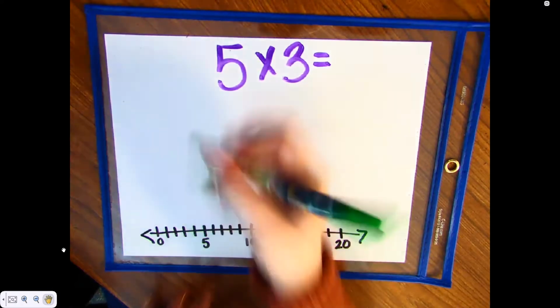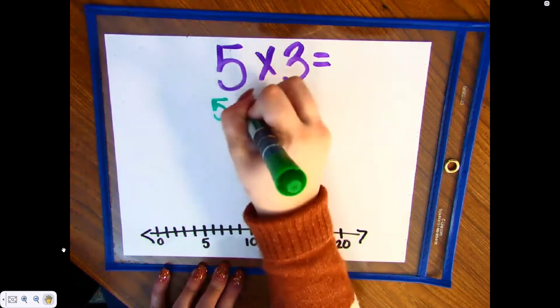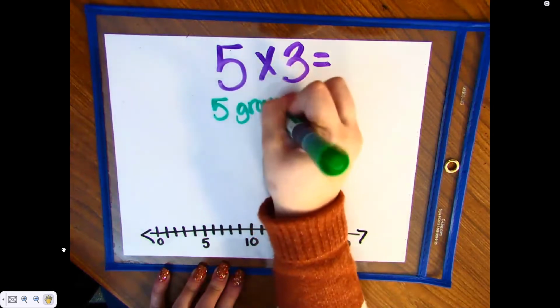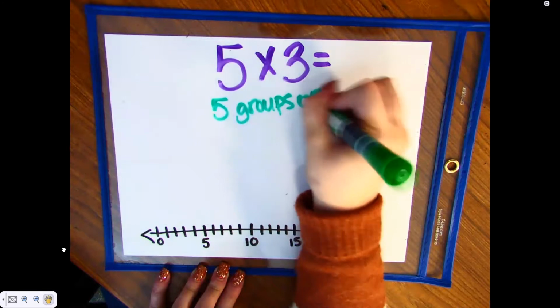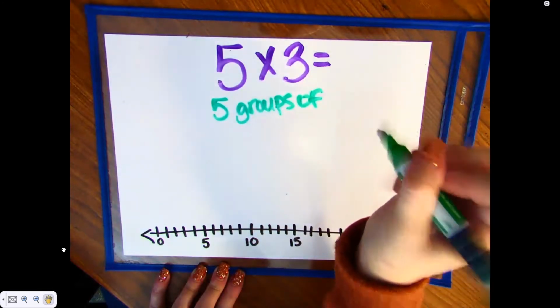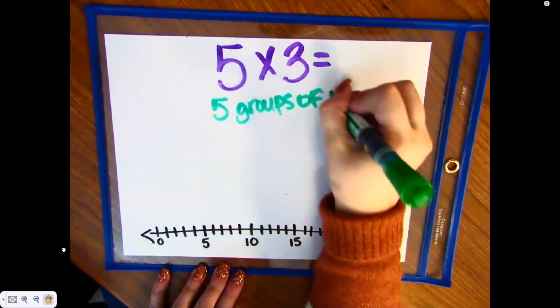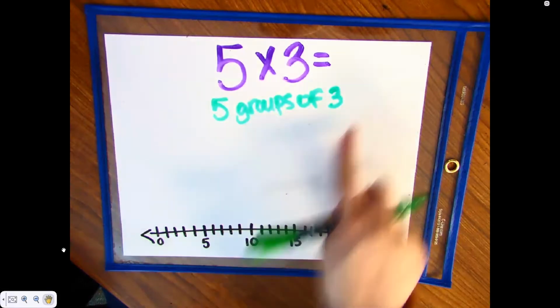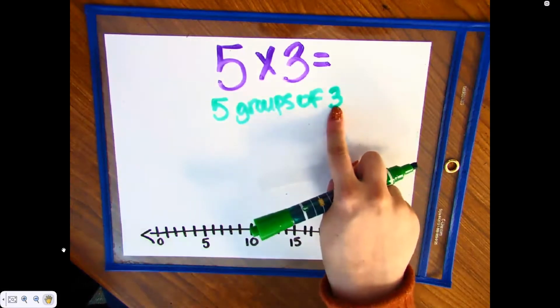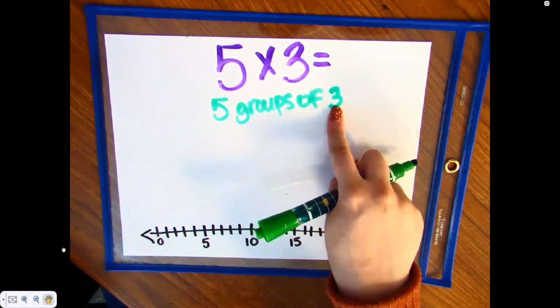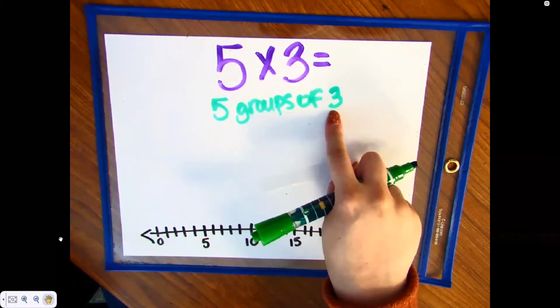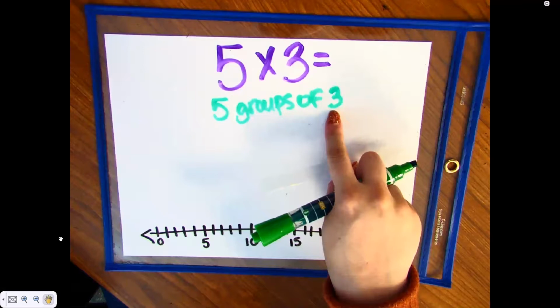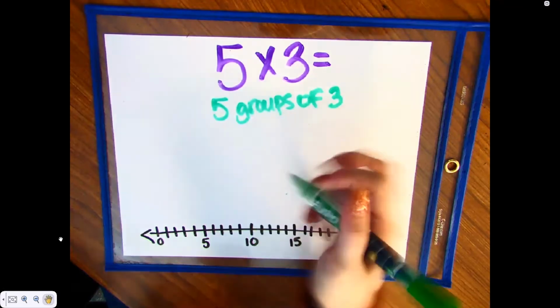Well, so I have 5 groups of how many? 3. So what number should I start at? 0. I should start at 0. What number is that? 3. 3, right? Because I'm starting with 3. I have 5 groups of 3.